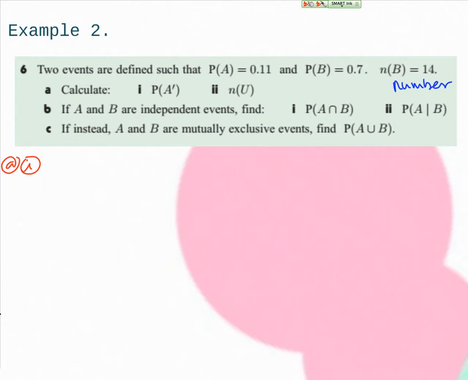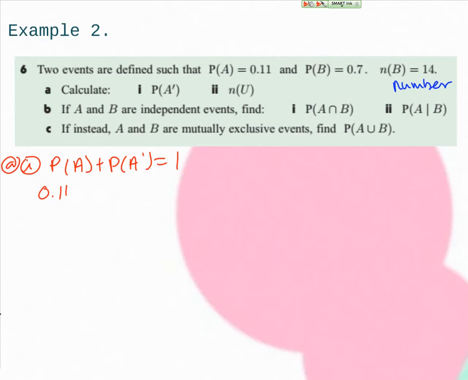So A prime is everything that is not A. So you can probably do this without this formula if you remember the relationship between complements, but if you forget, it's right in your packet. Complementary events, the probability of A plus the probability of A prime equals 1. So yes, you can do this without the formula, but just in case.